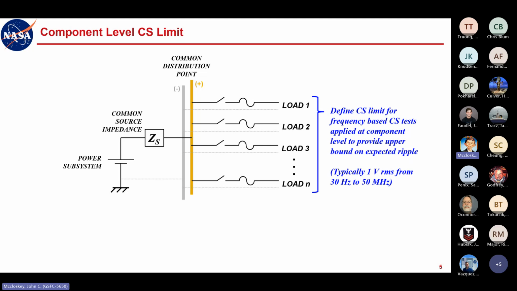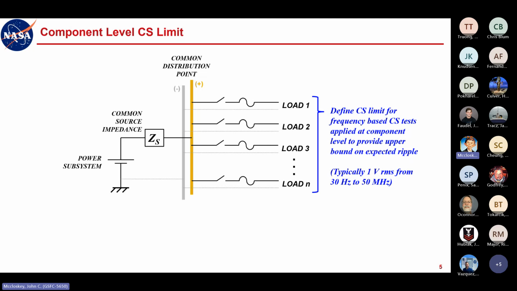Now, clearly, if you were to take that 1 volt RMS over that whole frequency range and integrate it into a time domain waveform, you would get considerably more than 1 volt peak to peak in the time domain. That's understood. But 1 volt RMS is just a good benchmark limit to use as an upper bound.